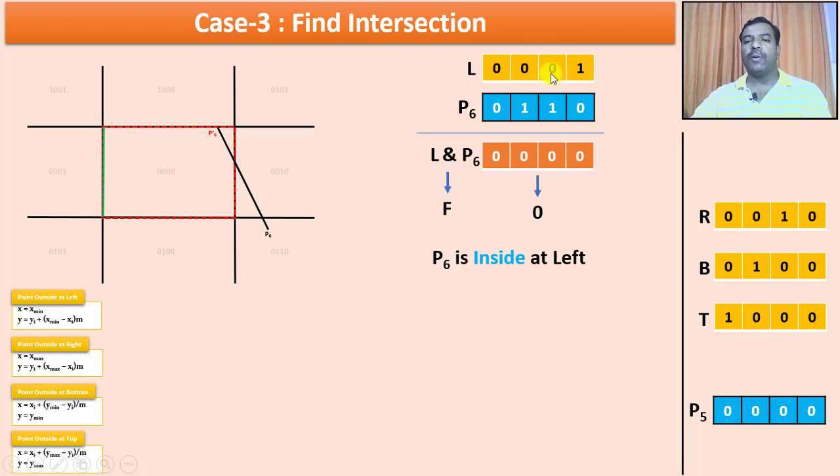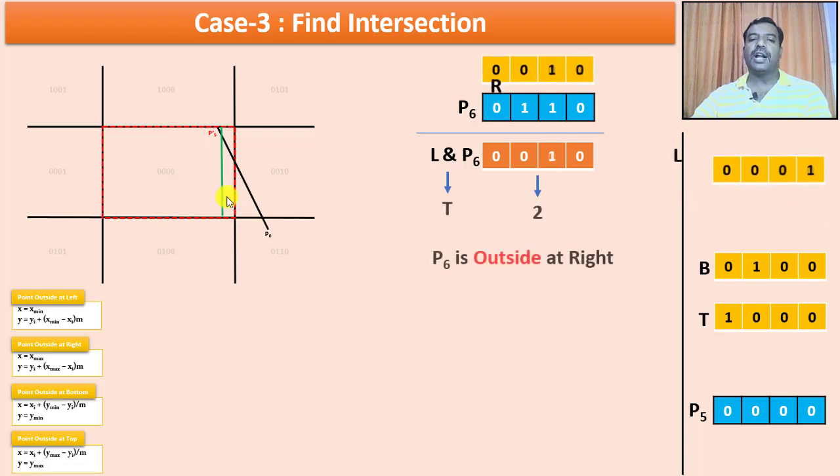When I perform the AND operation, I'm going to end with 0, which is false, and P6 is inside the left boundary of the clipping region. And if I talk about the right and P6, when I perform the operation, I am going to get 2. So P6 is outside at the right. If you observe P6, it's outside with respect to the right boundary.